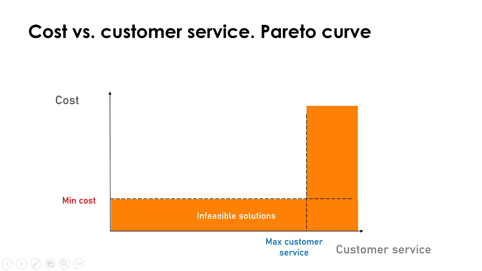On the other hand, if we try to maximize customer service, forgetting about cost, so we are willing to pay as much as needed, if we get the maximum possible customer service, we would reach this point here, this value here, and this vertical line indicates that we cannot move beyond that.